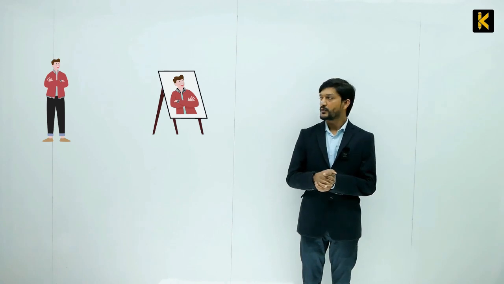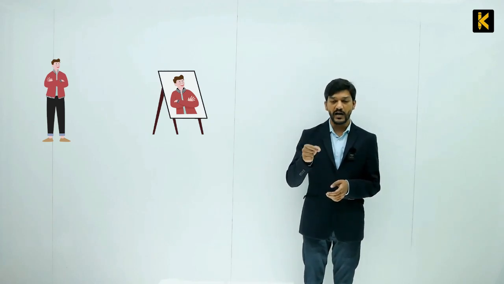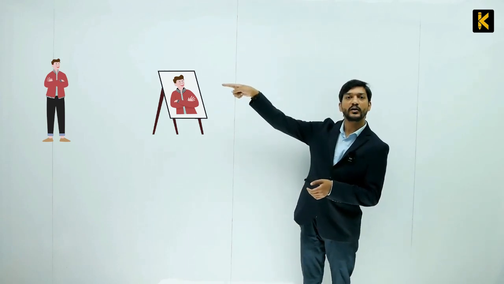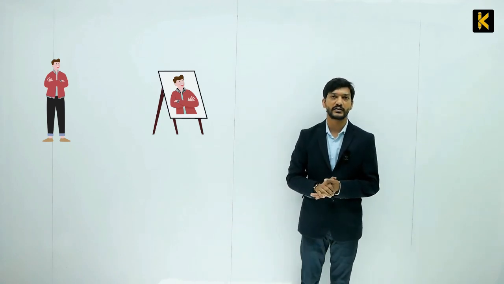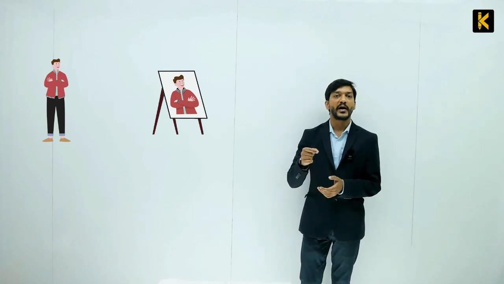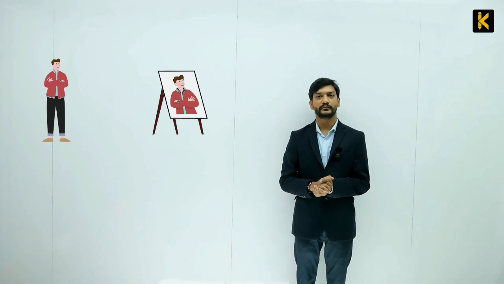Okay. So both are men, and I need to differentiate them so that there is no confusion when I'm saying man, it means who? Whether it means this man or the man on the painting. So there should be no confusion regarding this. So I'm assuming that the man on the painting is man number 2.